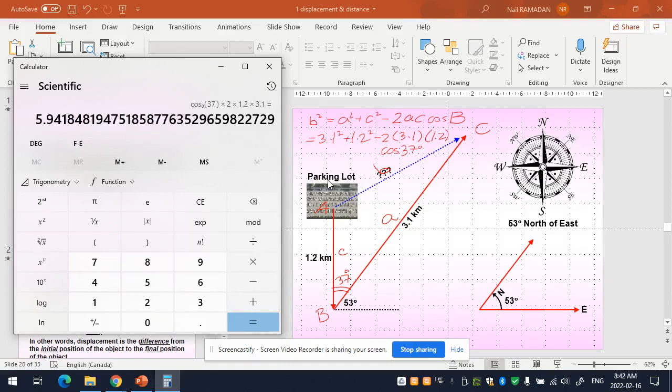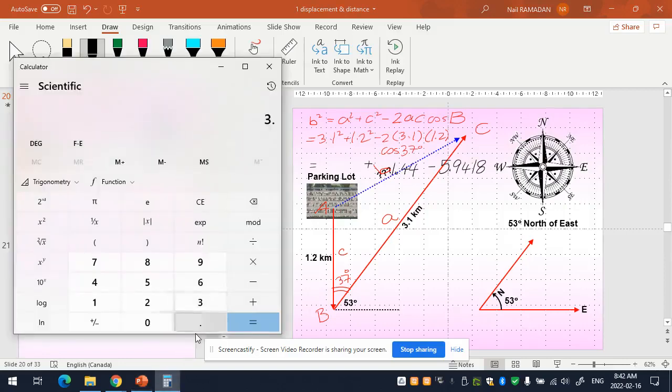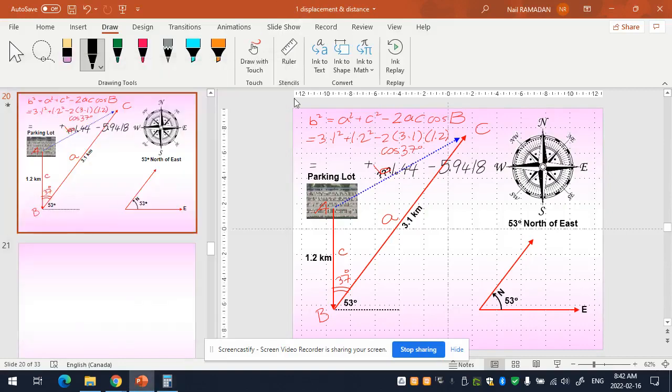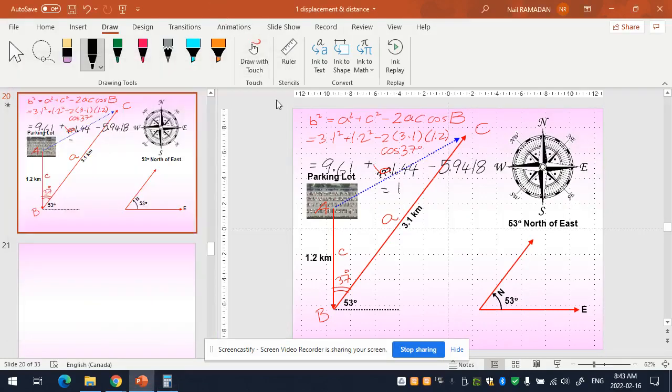So equals minus 5.9418. I know that 1.2 squared is 1.44, and 3.1 squared is 9.61. So if we add 9.61 plus 1.44, subtract 5.9418, we get 4.71. This is just mechanical work now.